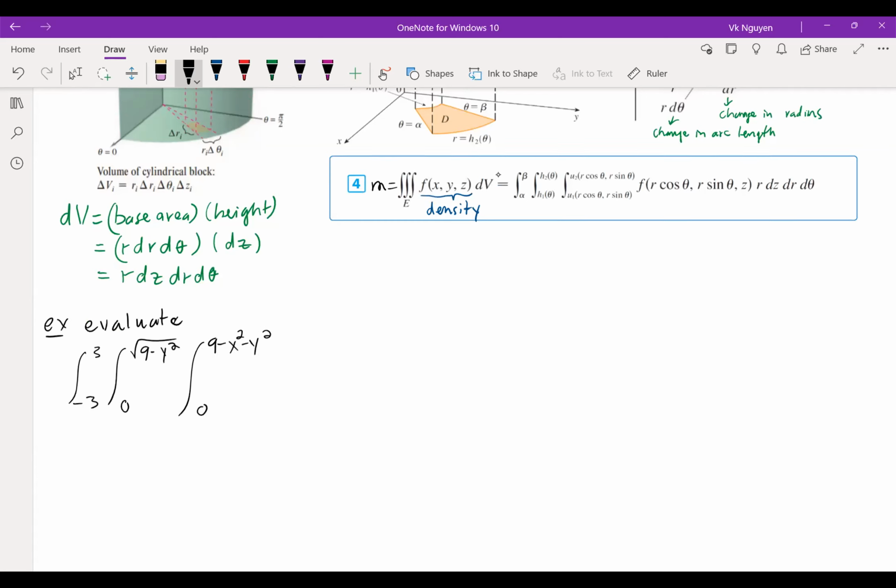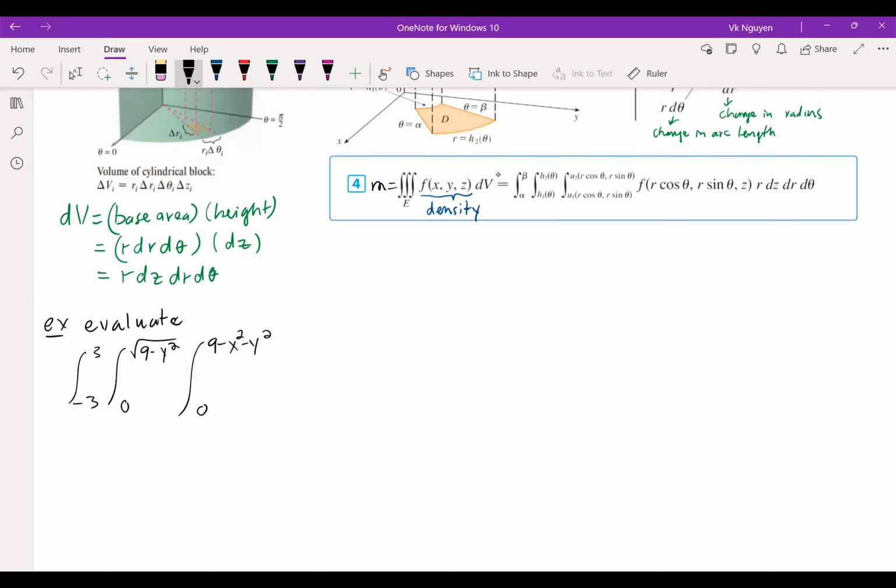It's between 0 and 9 minus x squared minus y squared. 9 minus x squared minus y squared equals z. That is a paraboloid. And then x is between 0 and root of 9 minus y squared. And here comes y, from negative 3 to 3.